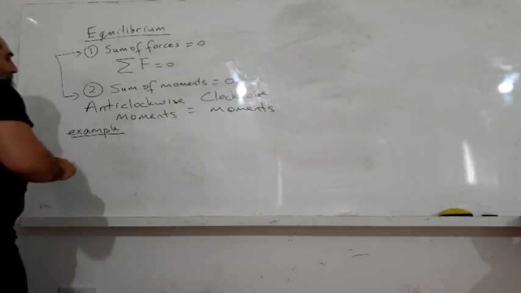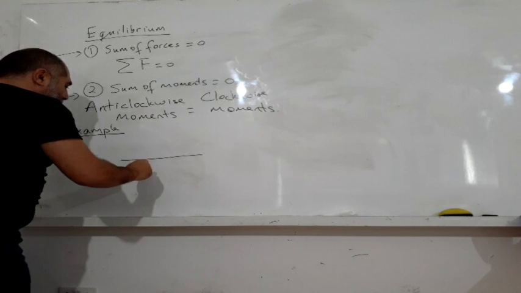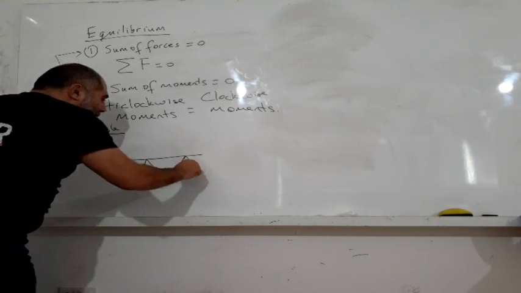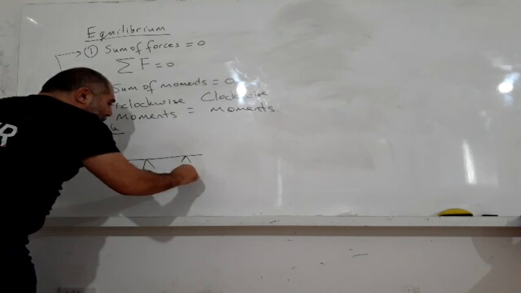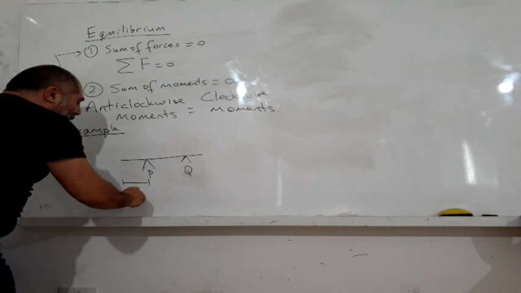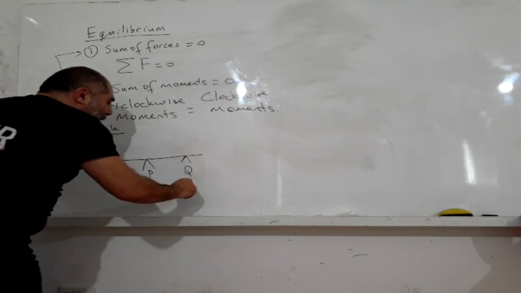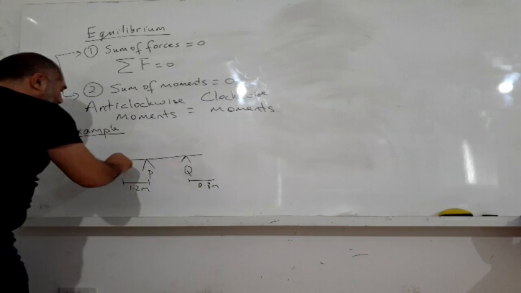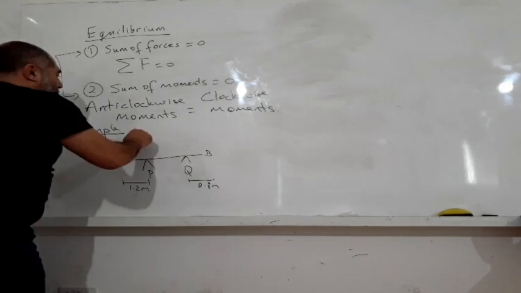We have two pivots here, P and Q. Remember from the last example, this was 1.2 meters, this was 0.8 meters. The length AB was 6 meters.